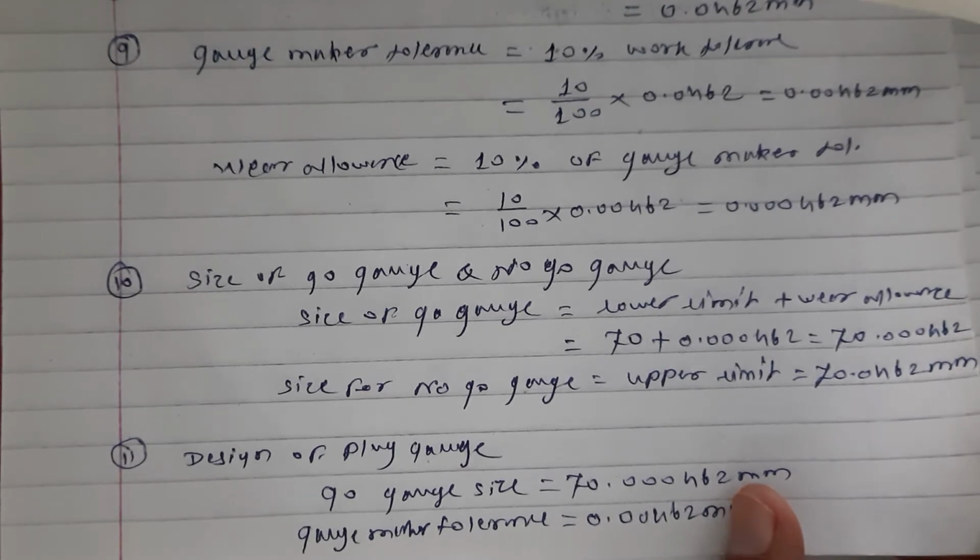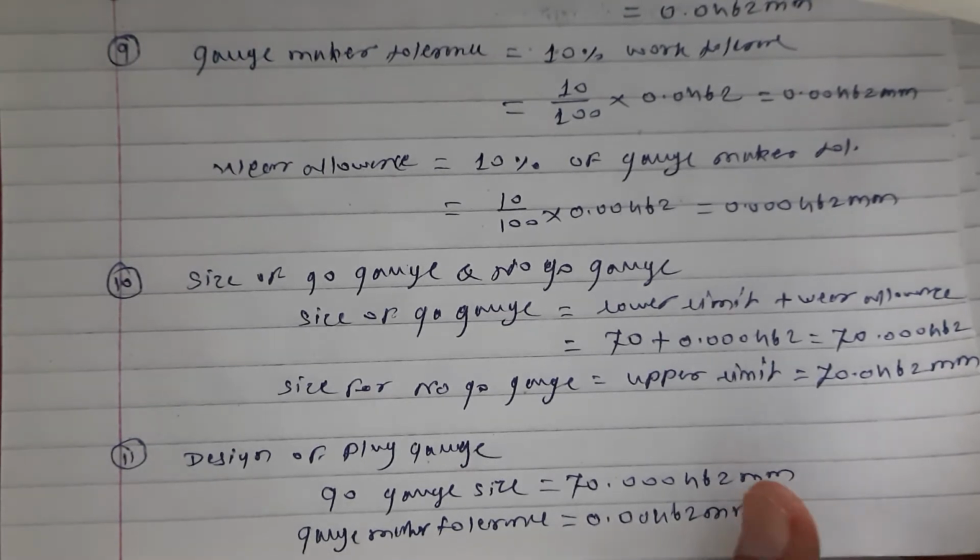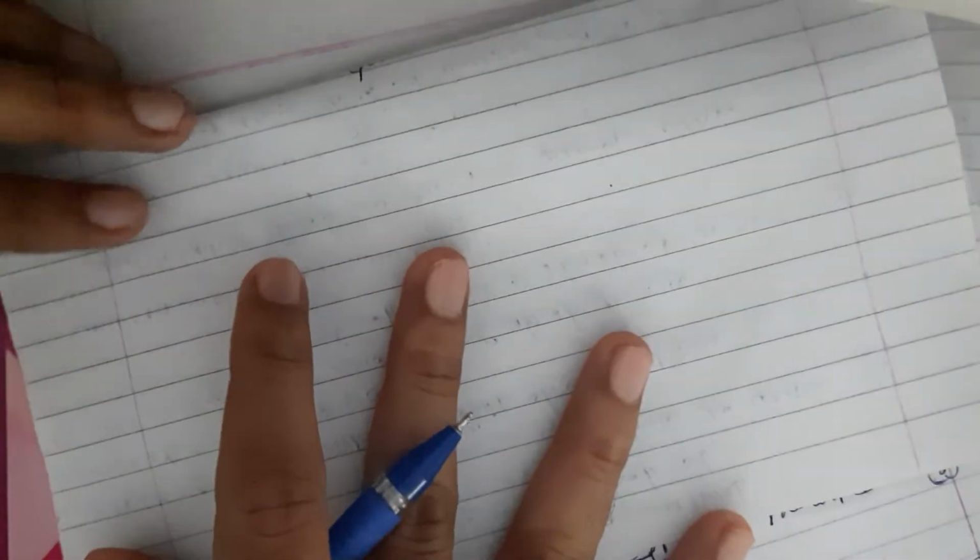Then in a similar way we want to calculate the limit for the go gauge. Once you have calculated that size, then you calculate the limits. What is the limit of the go gauge?